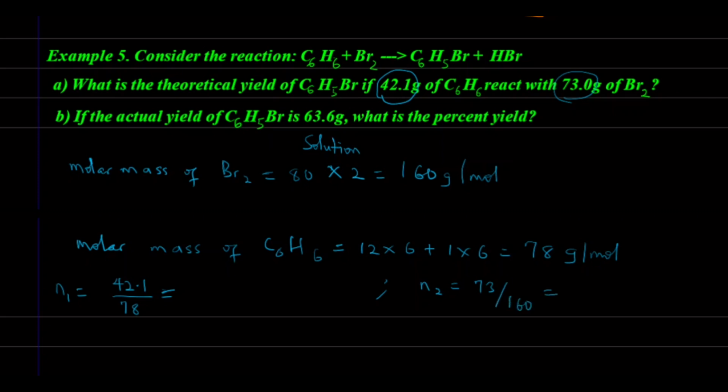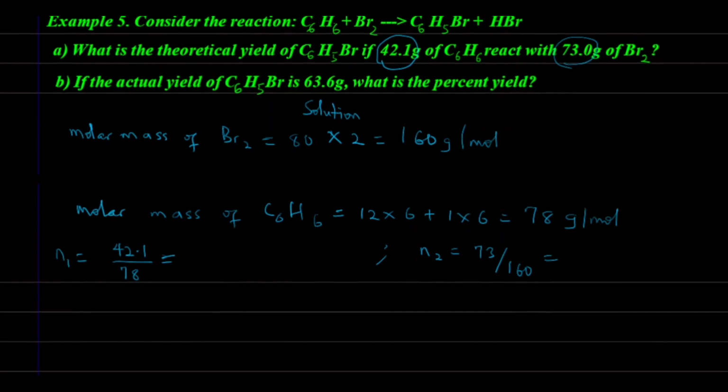So we're able to get the number of moles of the two. For the first one, we have 0.539 mole. Then for the bromine molecule, we have 0.456 mole.